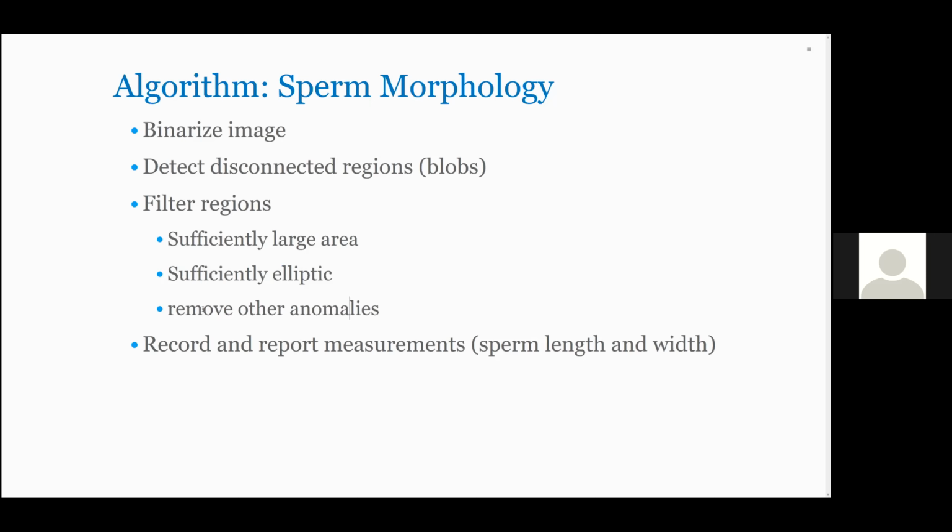We want to remove as many other anomalies as possible, and be left with as many optimal blobs as possible. Then we're going to record and report the measurements. So we're going to say the sperm we have are so long and so wide, and then we can say whether or not they're in the normal range.